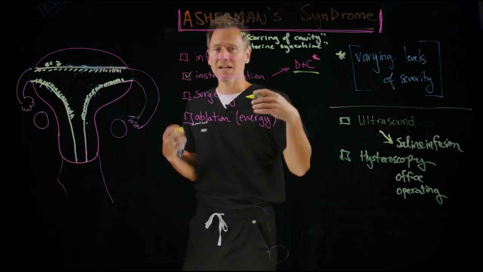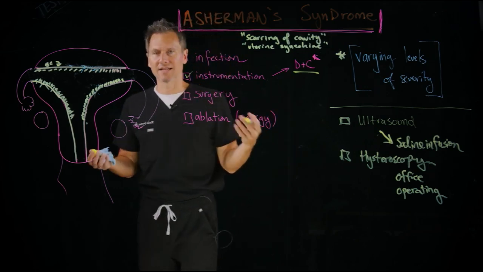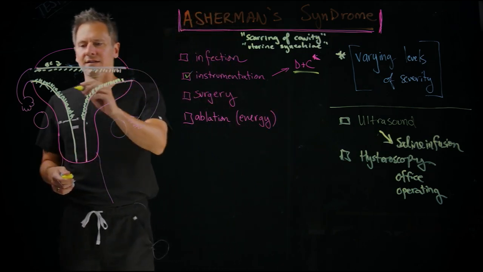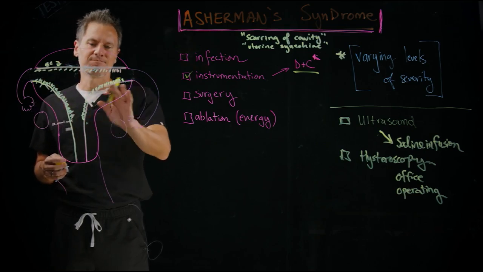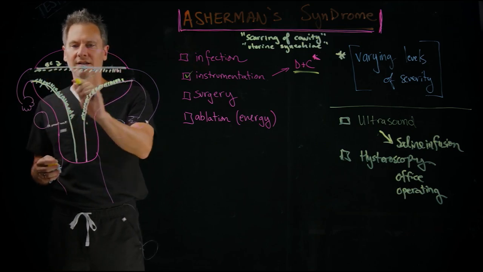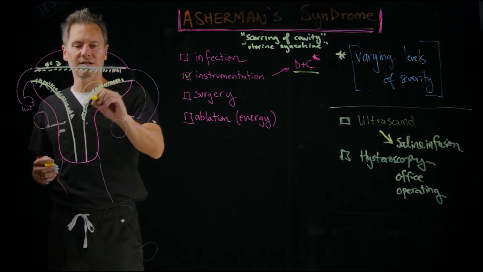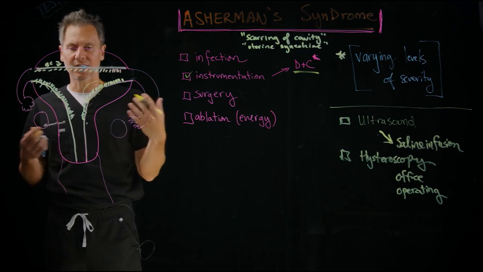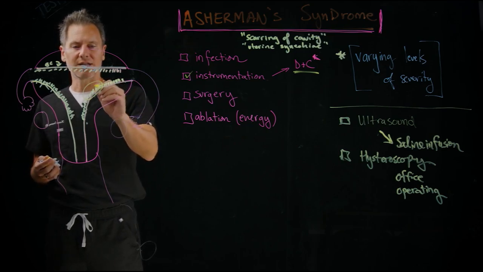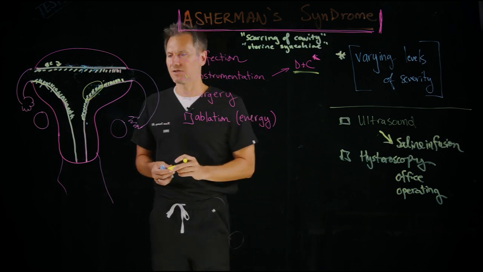One of the common things that I see is someone who has retained placenta after a delivery. After a delivery, this is a very vulnerable area. You can have retained placenta in here, and in an effort to stop persistent bleeding or infection, evacuating this placenta requires dilation and curettage.